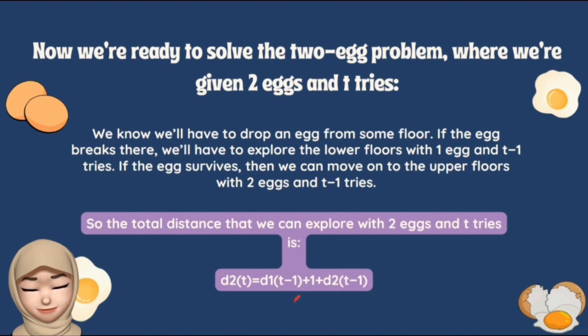So the formula is D2(T) equals D1(T minus 1) plus 1 plus D2(T minus 1). D2 means that you have two eggs, and T means T trials. D1(T minus 1) covers the floors below, and plus 1 is the trial floor itself when the egg survives and you move to another floor. This is the second term, with two eggs.